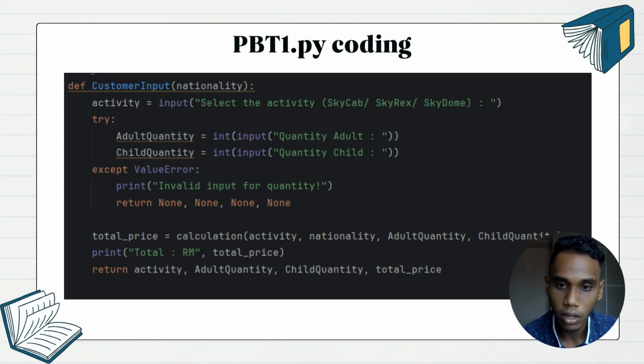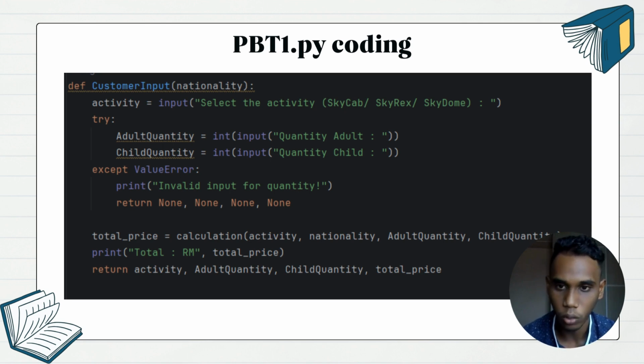We also have exception handling implemented here, which is ValueError, in case of invalid quantity input, for example, if instead of an integer, the user inputs a character or anything else. There's also a calculation of the total price here, and it prints the total amount in this function also.